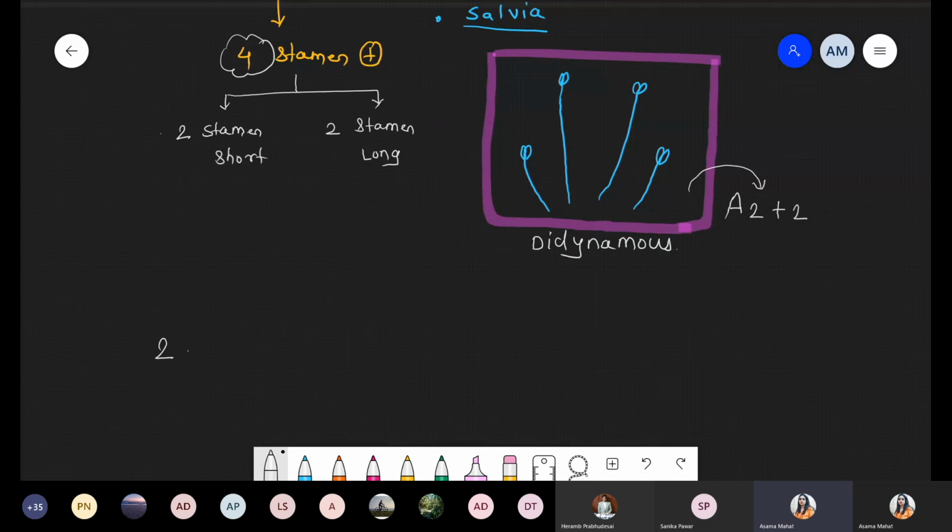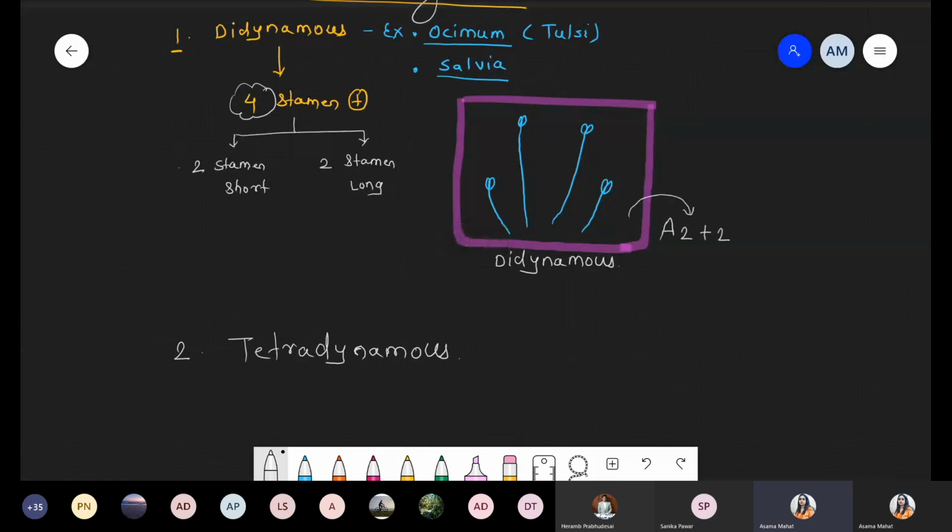And the last point, number 2, we are talking about the tetradynamous condition. Now in the tetradynamous condition, it is common in the Brassicaceae family.